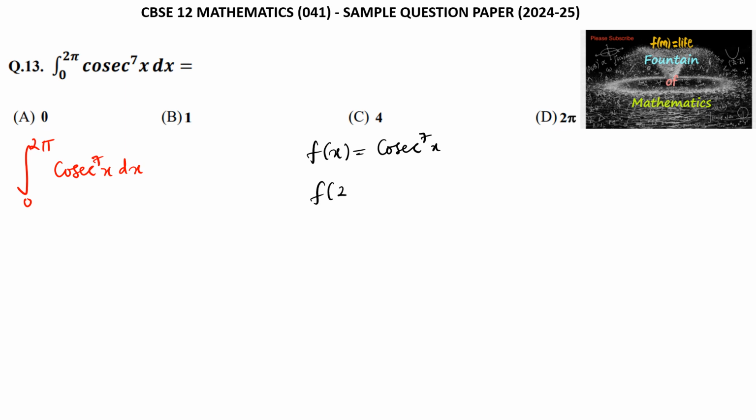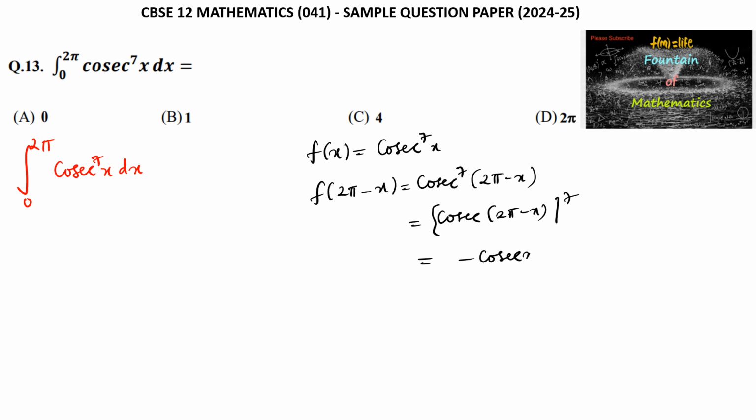Then f of 2 pi minus x is equal to cosecant power 7 of 2 pi minus x, which is equal to (cosecant of 2 pi minus x) whole power 7, that is minus cosecant x, because 2 pi minus x is in the fourth quadrant, it is negative. So (minus cosecant x) whole power 7, that is minus cosecant power 7x, which is equal to negative f of x.